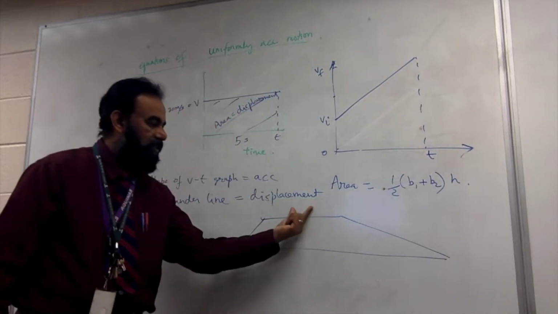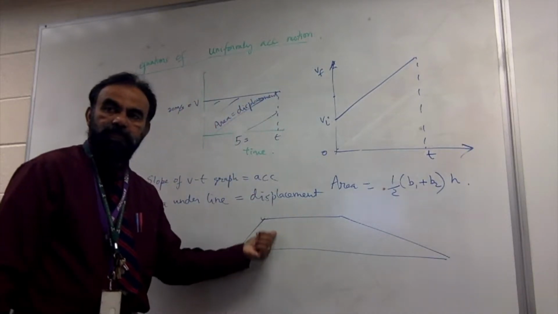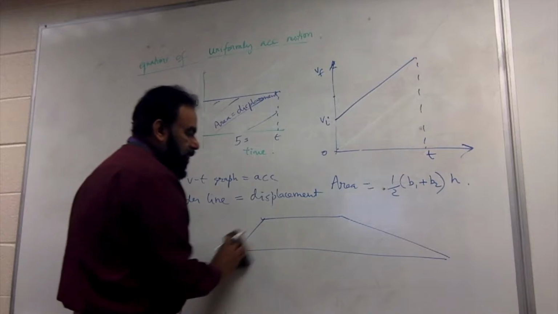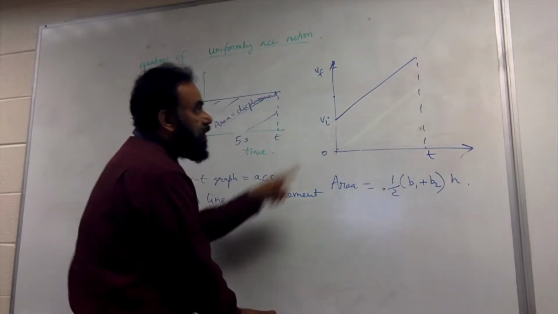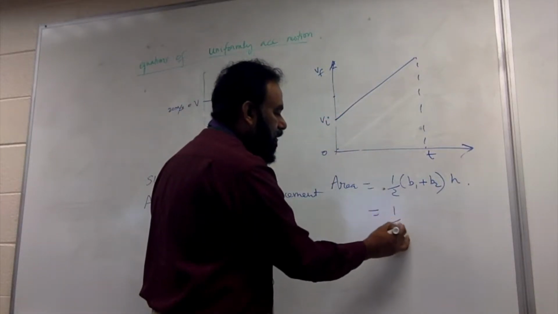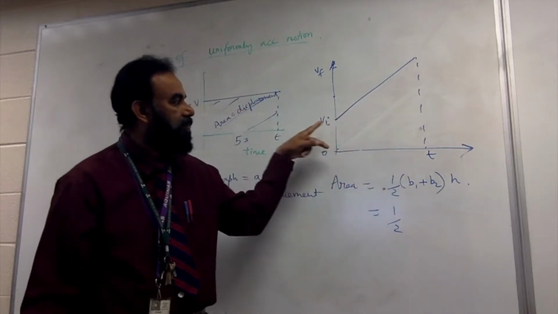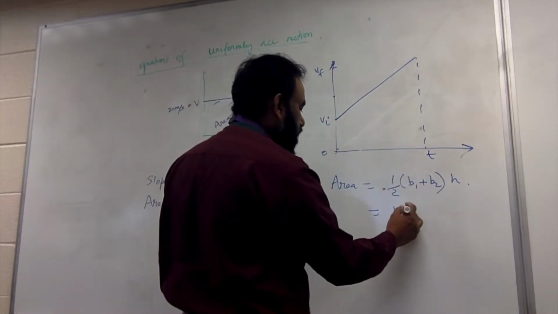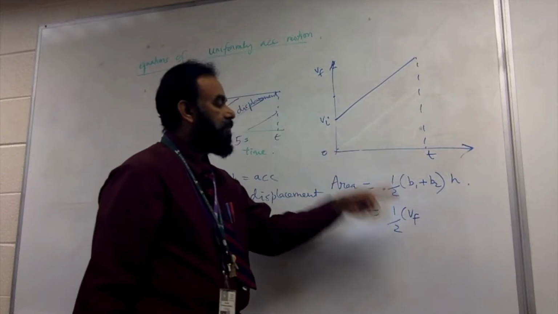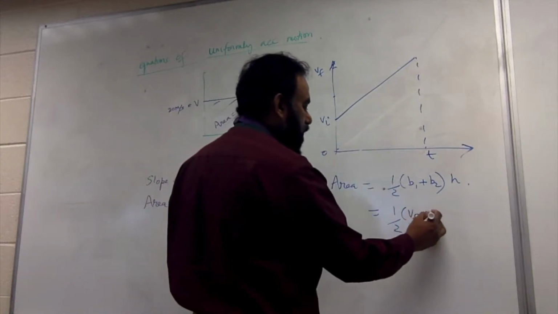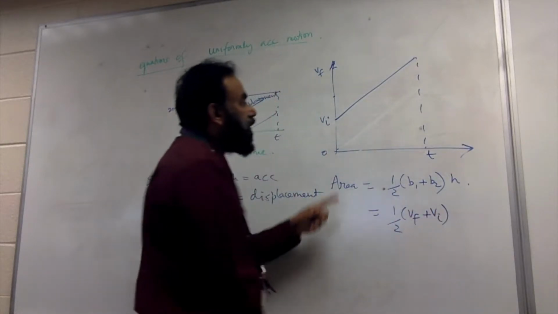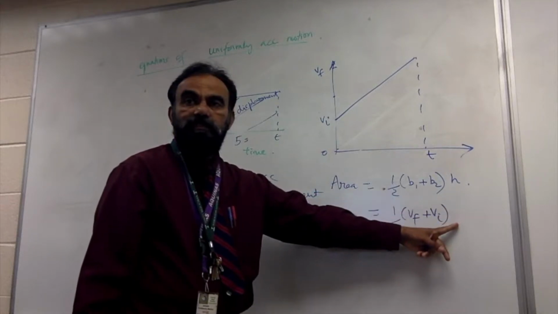This is base 1 and base 2, and that's the height. Okay? Fine. So if I use this, what is base 1? Vf. And what is base 2? Vi, and times t.